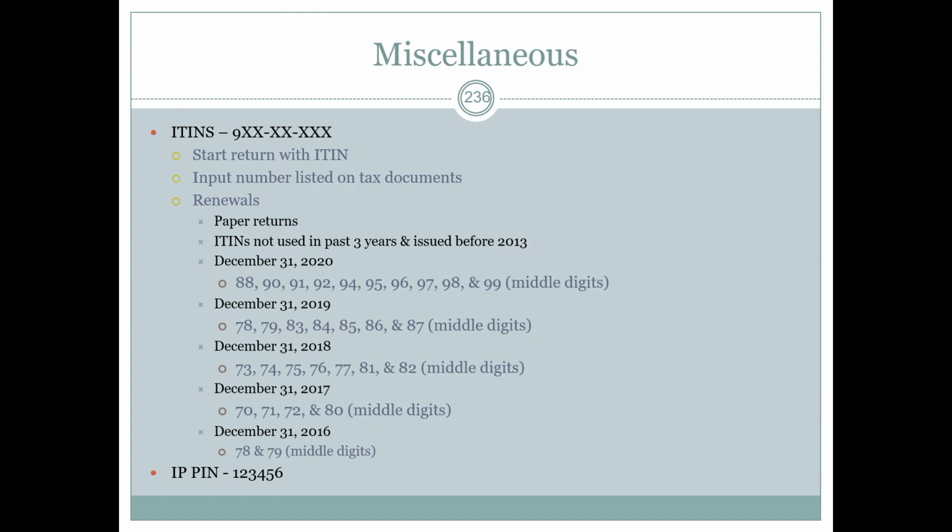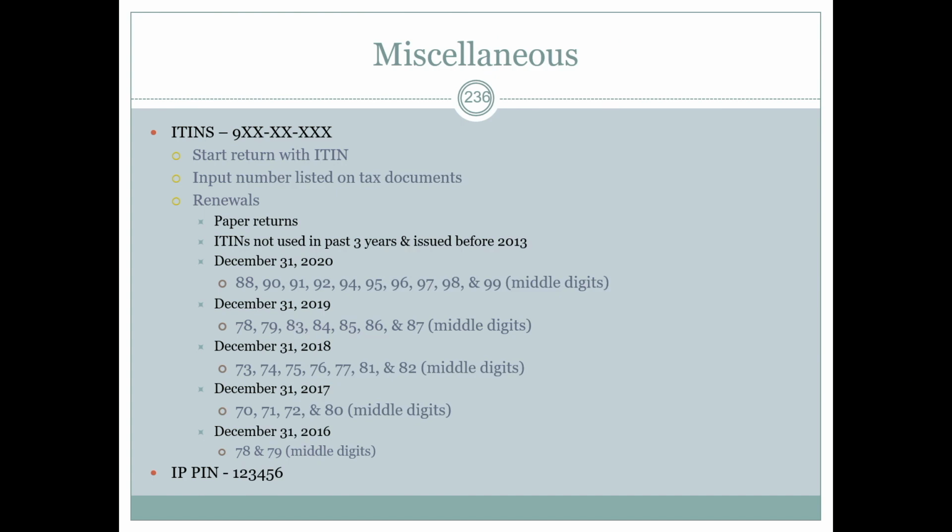These are those individuals who have not received a green card, but they have met the substantial presence test in the U.S. Therefore, it qualifies them to be a U.S. resident for tax purposes only, and they do not qualify for a Social, but they have received this ITIN number through the IRS. This is the only way that an individual can obtain an ITIN, which is through the IRS.